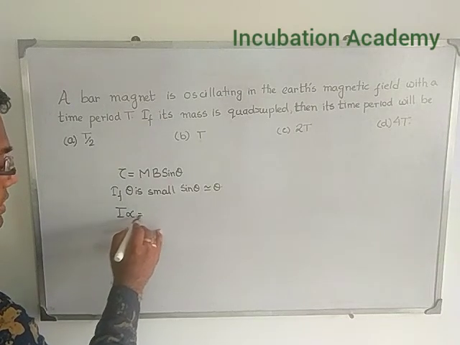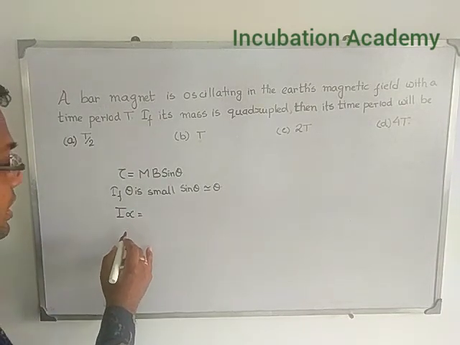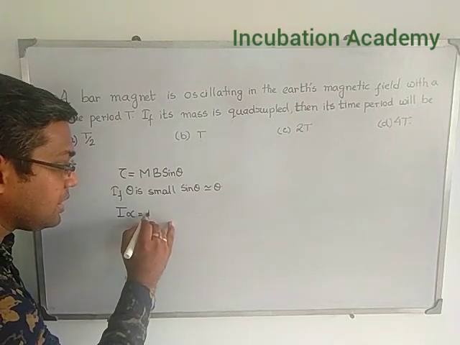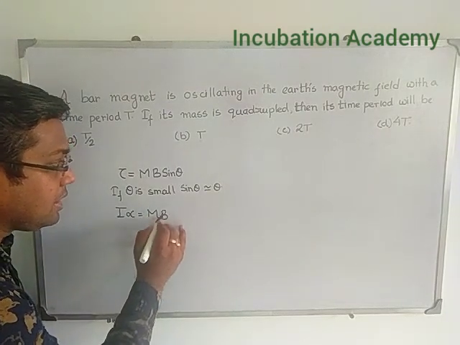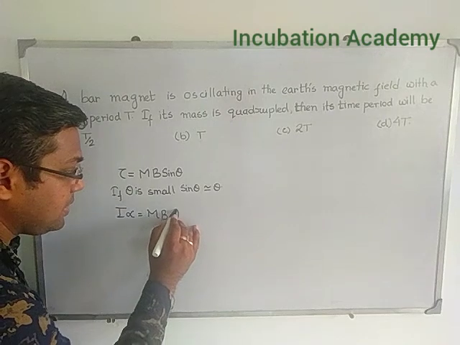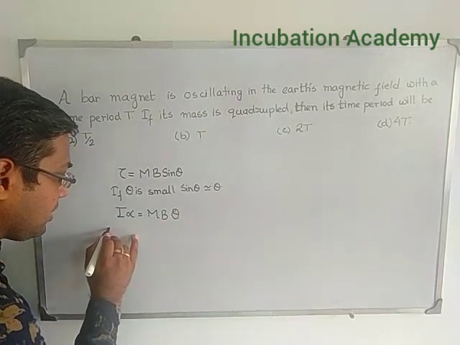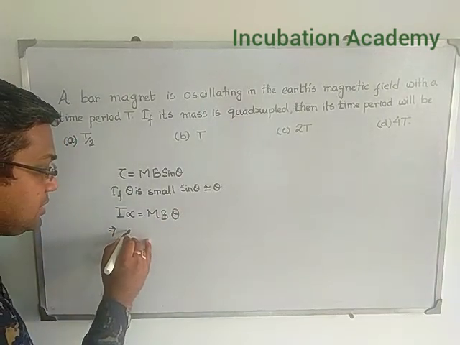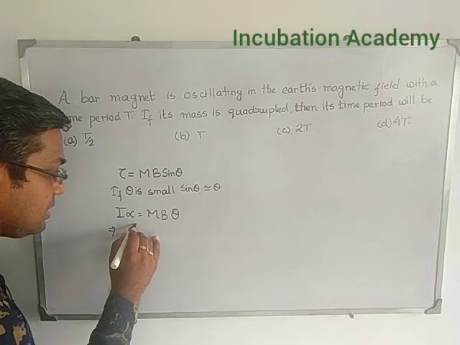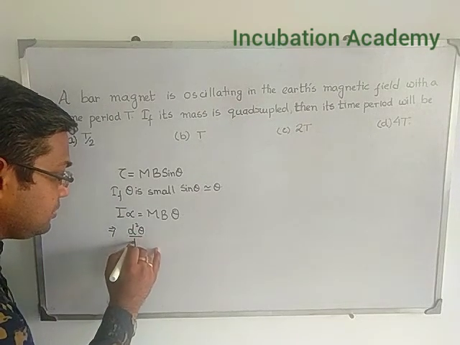Torque can be written as the moment of inertia into the angular acceleration, equal to MB. In place of sin theta, I am replacing theta here. Alpha is the angular acceleration, so it can be written as d2 theta by dt2.